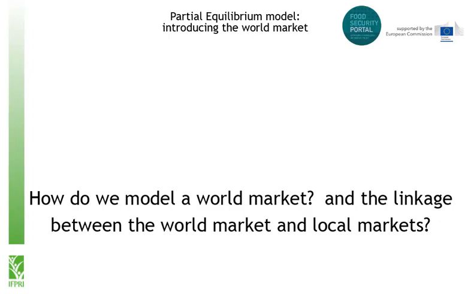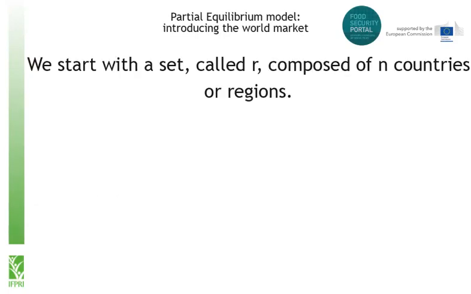and local markets? So we start with a set, and this set is called R, and it is composed of n countries or regions. So it means that we may have countries like France, United States, China, and other countries, and we can have regions.